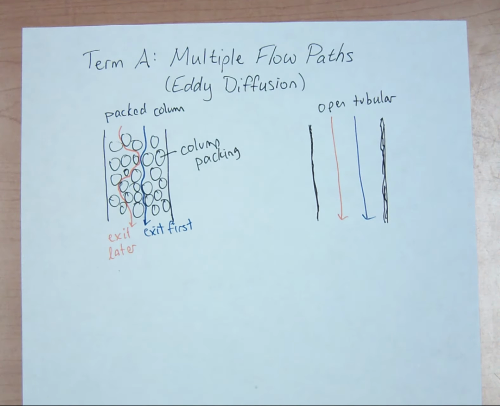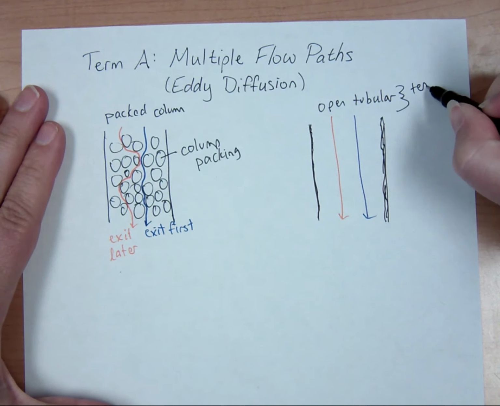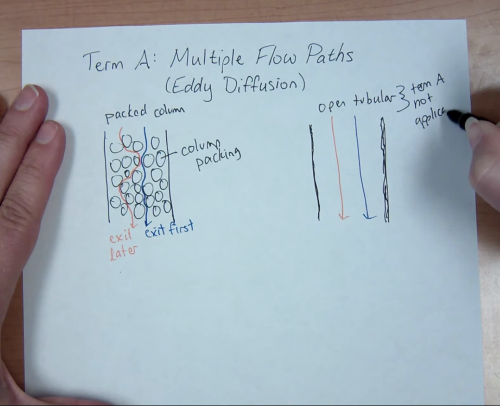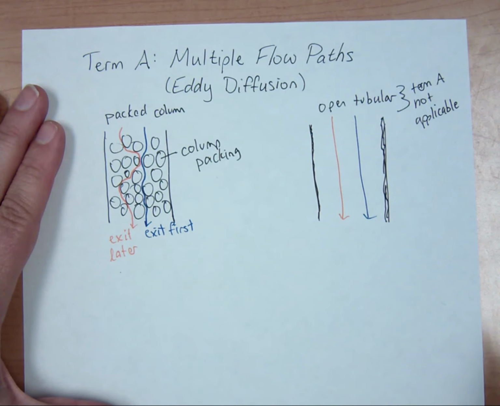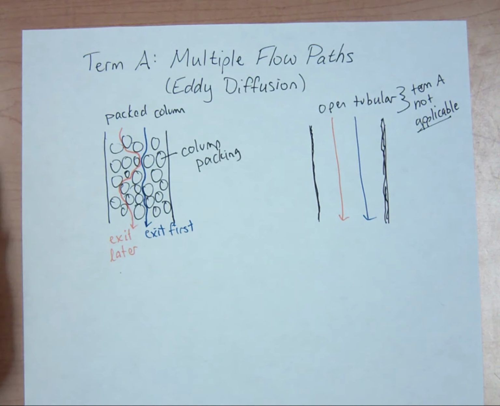Because there aren't specific barriers in its path that are going to force it to have different kinds of paths through the column, in an open tubular column, term A does not actually apply.